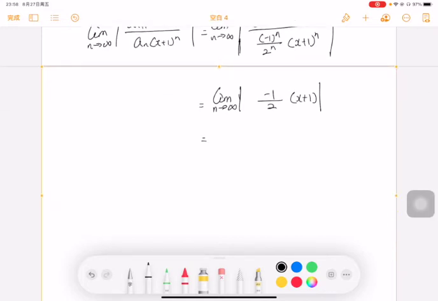Since we're in the absolute value, the minus sign doesn't really matter, so we have the limit of n go to infinity of 1/2 times x plus 1.